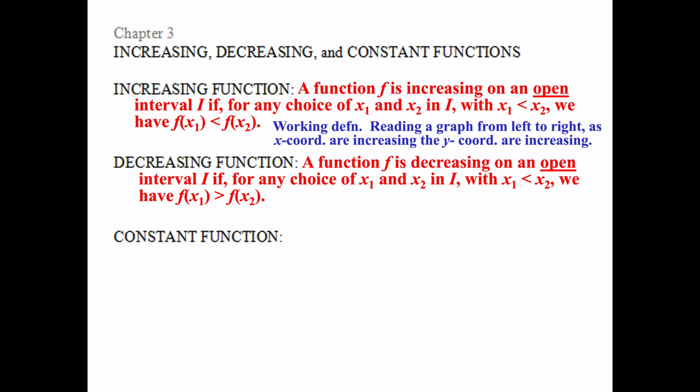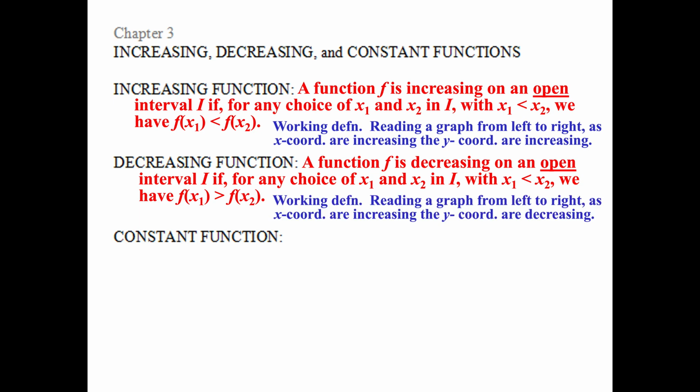Now they're not increasing. Now the y's are decreasing. So here's the working definition that you want to write down. As you read the graph from left to right, your x coordinates will be increasing. And as your x coordinates are increasing, notice now the y coordinates are going to be decreasing. Hence the name of the function.